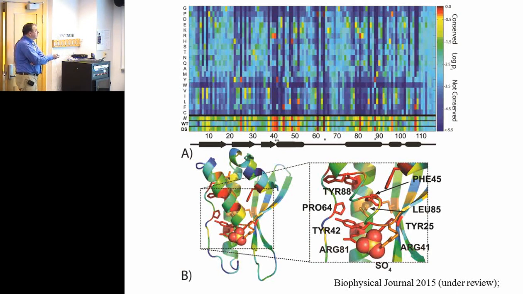And so there's a sulfate that I've spoken about for the design that shows up in the crystal structure, and it binds to these residues shown right here, and you can see this in the structure below. The residues involved that are very well conserved in this map show up here in red. And so these residues really help drive the fold and thus the function of the protein.